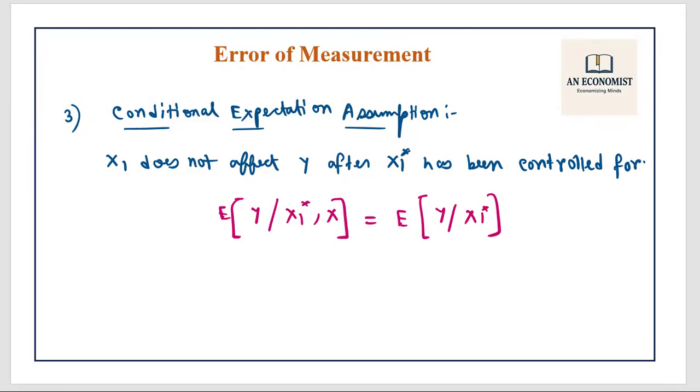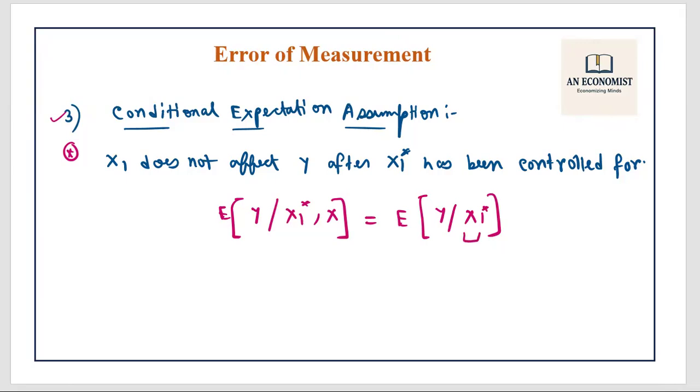So this is also a very unique assumption which is specific to this particular model, which is specific to error of measurement in case of x, right? If you have error of measurement in explanatory variable x, then this also has to be a unique assumption that you have to make, which is known as the conditional expectation assumption, which basically means x1 does not affect y.